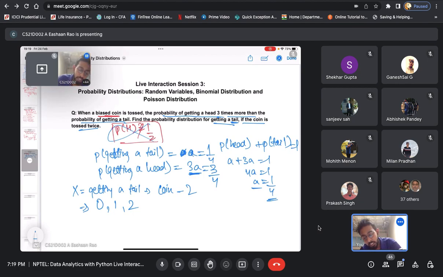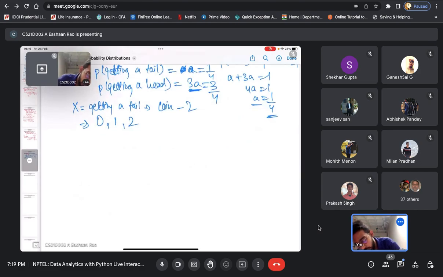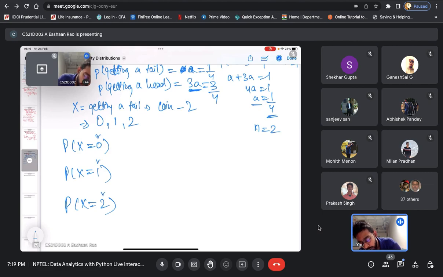So I have to find the scenarios for P(X=0), P(X=1) and P(X=2). Here my n will be 2, and r will be 0, 1, 2.